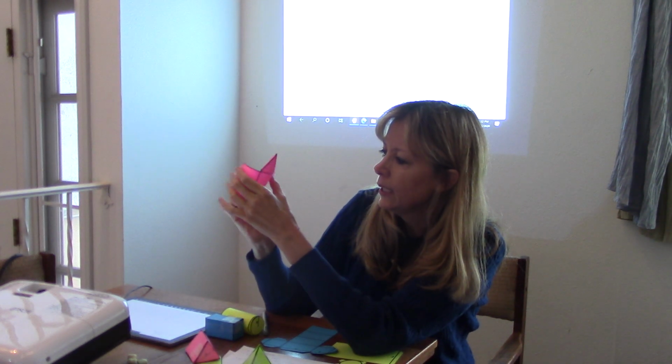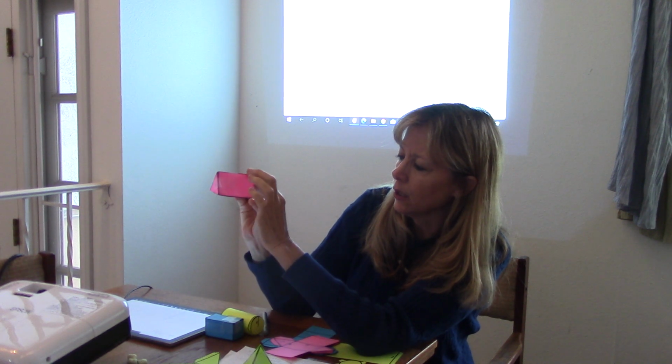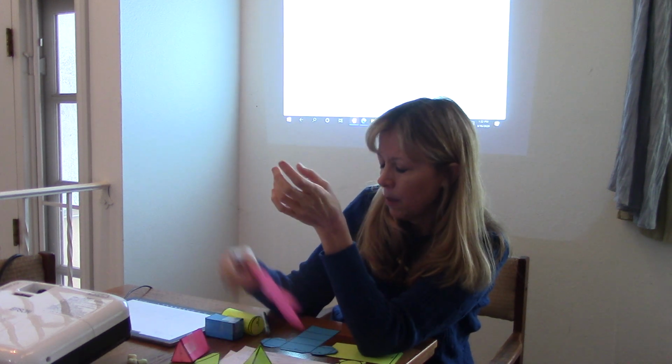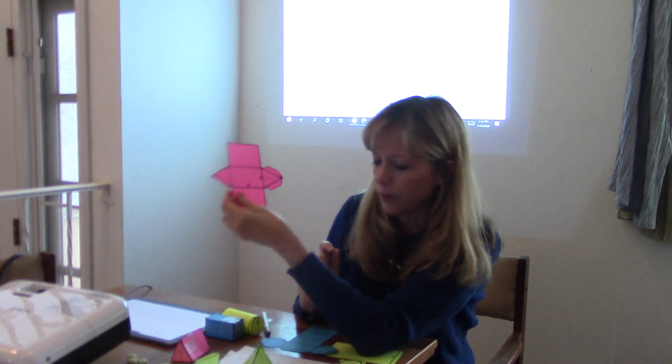If you look here, you see that 2 of them are the same, 1 here and 1 here. And then the bottom one is a different rectangle. So you have to be careful and check your side lengths. You could even do them all individually to make sure you do it correctly. But basically I'm going to have 2 triangles and 3 rectangles.